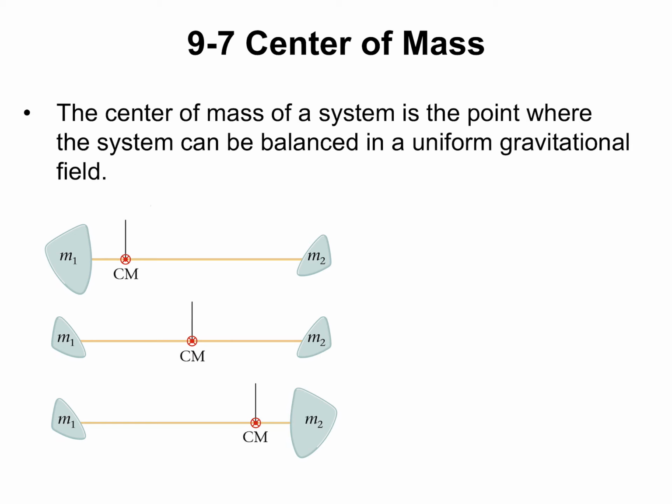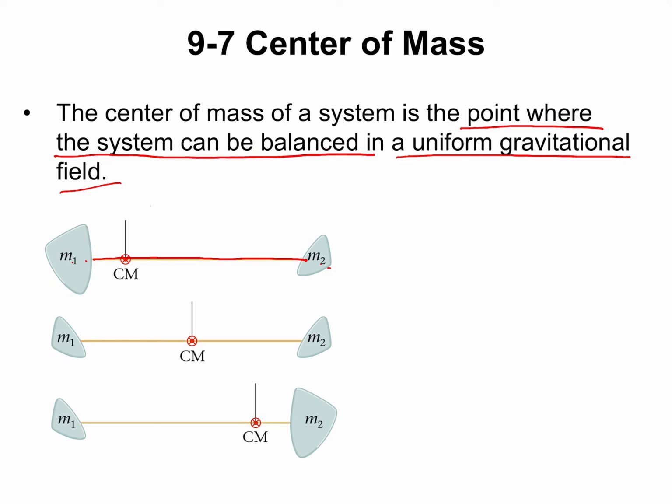If you have two objects, the center of mass is the point where the system can be balanced in a uniform gravitational field. So this is M1 and M2. You have to find a point. Assume M1 and M2 are linked by a very lightweight bar, okay?